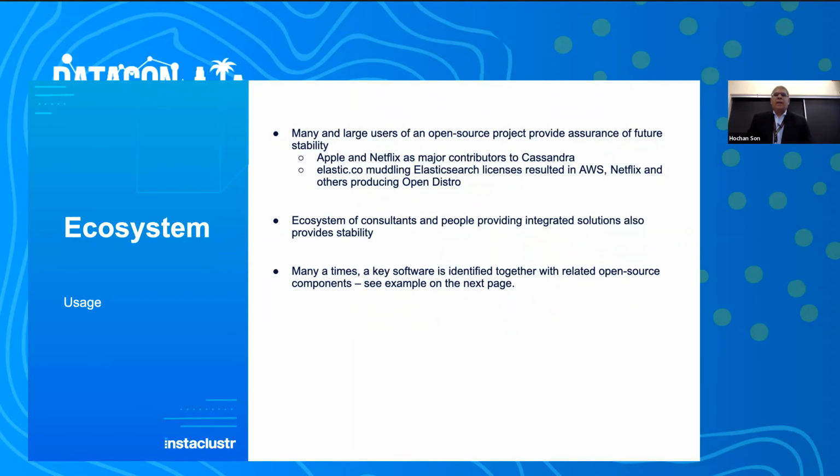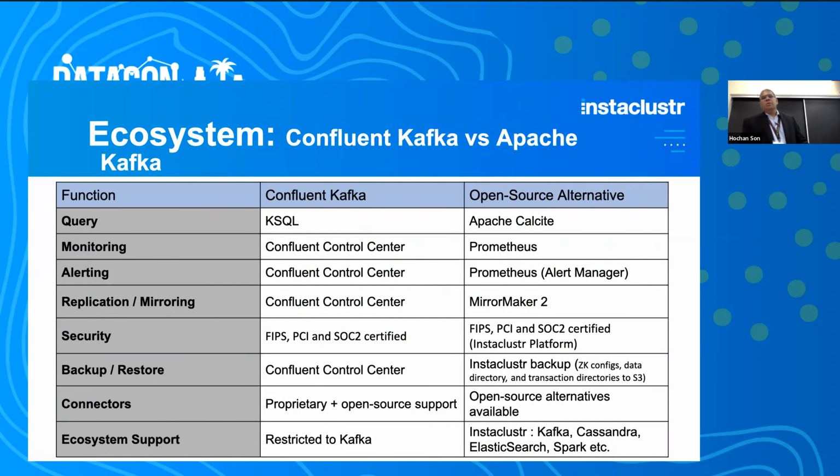And many times you have a great software, but it has a few features missing. Now, are there any other open source projects that fill that gap? Again, that also becomes a part of your ecosystem. I'm going to give you an example. Confluent Kafka is an open core product.